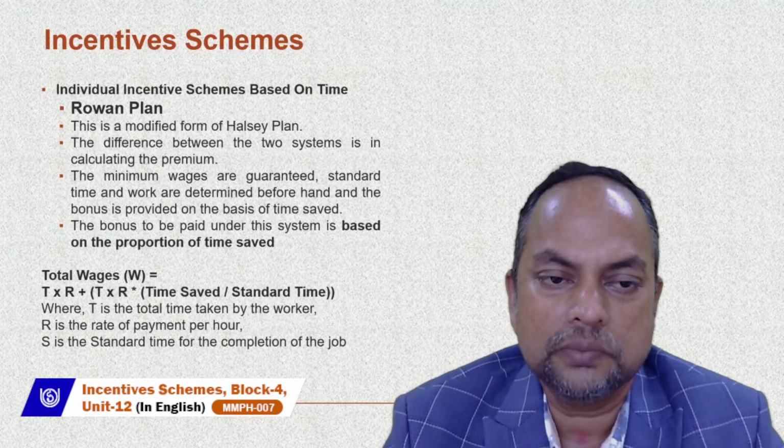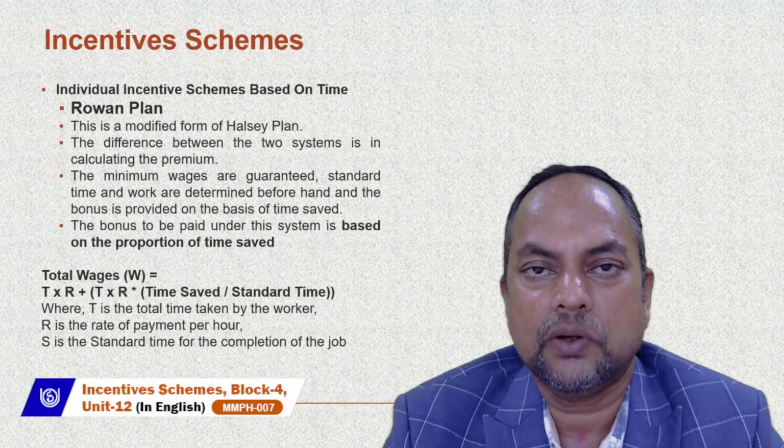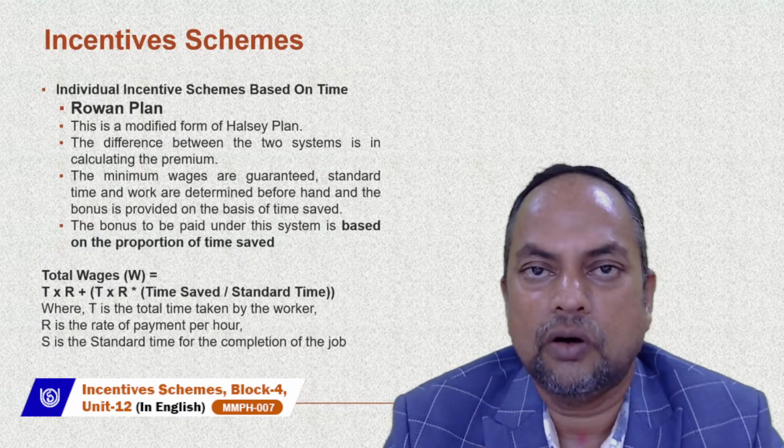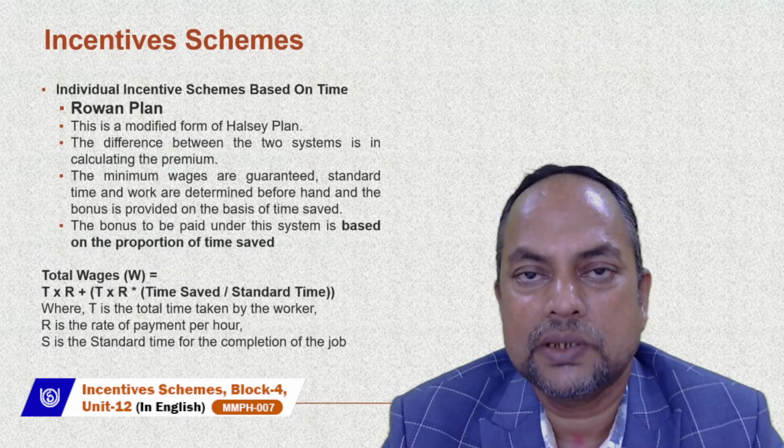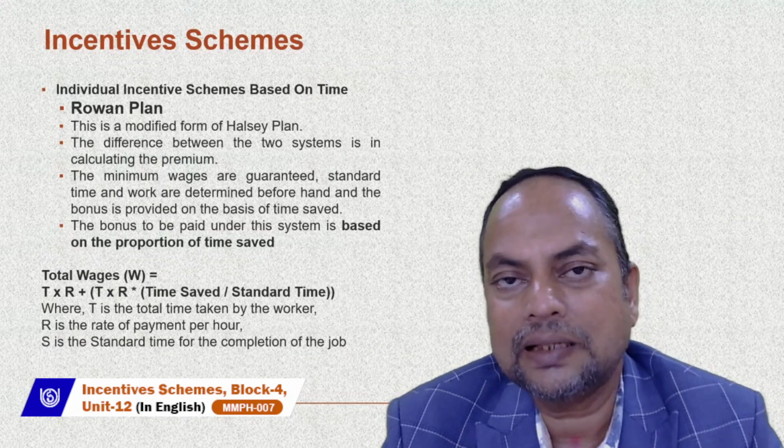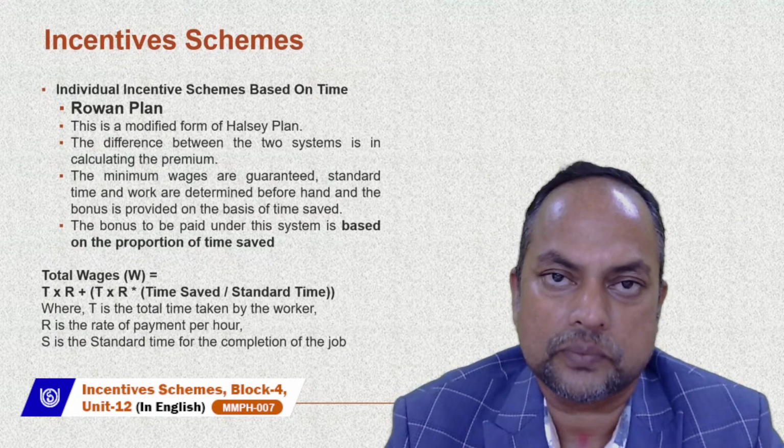But in the Rowan plan, it is based on a ratio of the total time saved by the employee as compared to the standard time.